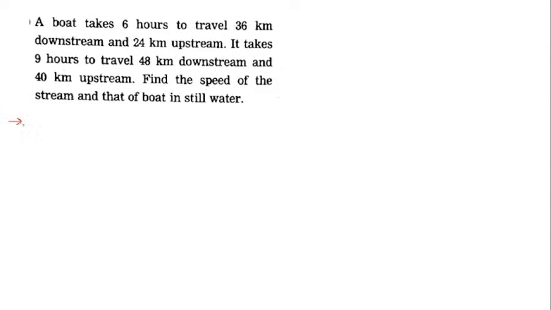So first of all we should have, let the speed of boat in still water be x, that is x kilometer per hour. आता त्याच्यानंतर आपल्याला दुसरं एक व्हेरिएबल काढायचं आहे, स्पीड ऑफ द स्ट्रीम. तर त्या स्पीड ऑफ द स्ट्रीम त्याच्यासाठी व्हेरिएबल y घेऊया.